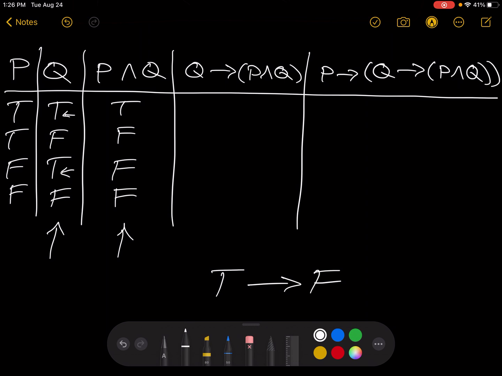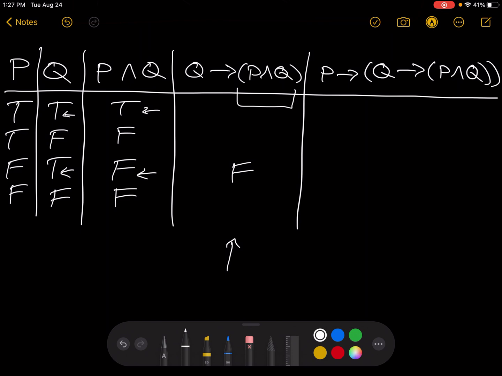True there and true there. Now looking at those, because Q is true, we have a possibility of the whole thing being false. But that only happens when the second thing, this thing here, is false. We have true there, false there. So this is the only time that it'll be false. And we'll have true in all other instances.